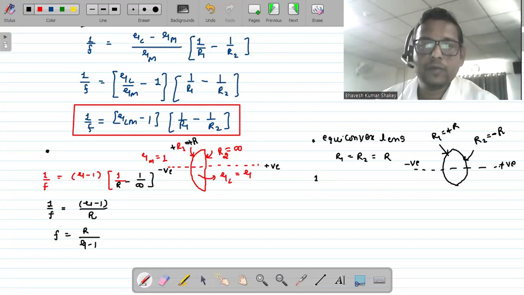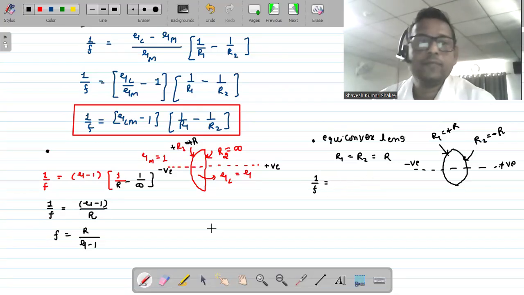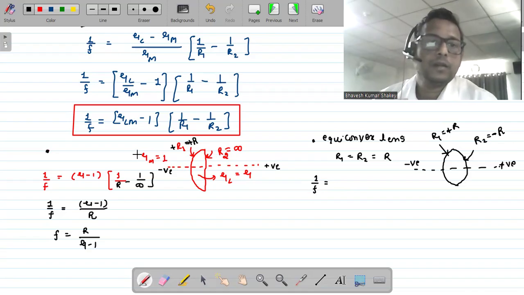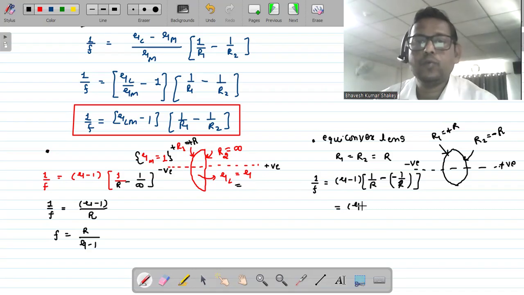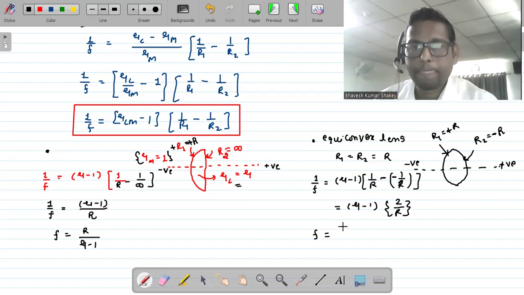Now apply the formula. We get 1 upon f is equal to, again taking the same case that the medium is air, so this one is 1 and this one is mu. The formula becomes mu minus 1, and 1 upon R1 means 1 upon R, then minus 1 by R. So we get mu minus 1 times 2 by R, and from here f is equal to R divided by twice of mu minus 1.